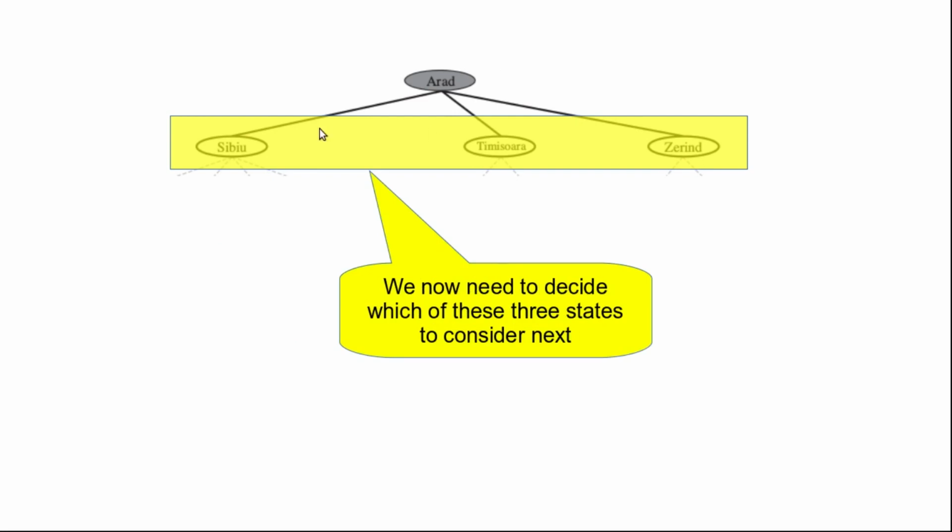Now out of these 3 nodes that are in the frontier or open list, we next need to decide which of these 3 states to consider next. Remember, our goal is Bucharest, and now we want to select one of these 3 nodes to consider next.